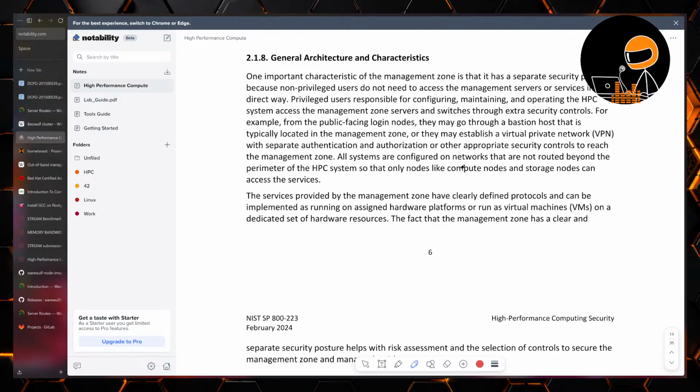All systems are configured on networks that are not routed beyond the perimeter of the HPC system so that only nodes like compute nodes and storage nodes can access services.